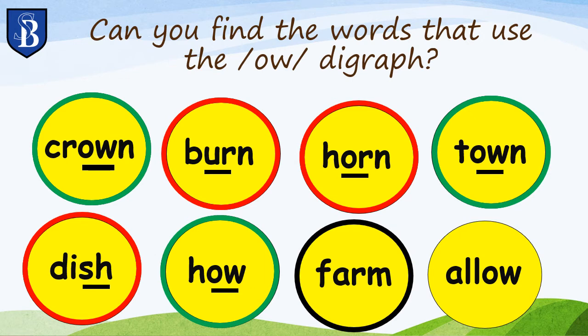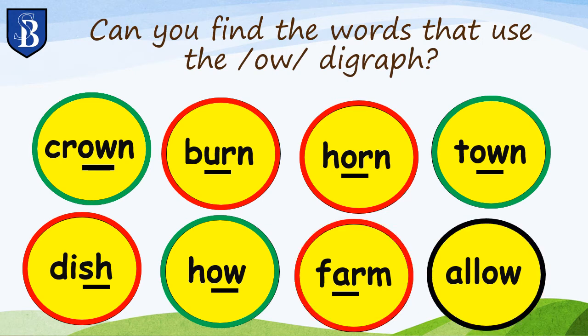How about this word? It has three sounds, four letters, and one of them is a digraph, but it's the ar digraph. Farm. This word doesn't use the ow digraph. How about our last word? That's right, it does have the ow digraph. Allow. Fantastic. Well done if you were able to find those four words that use the ow digraph.